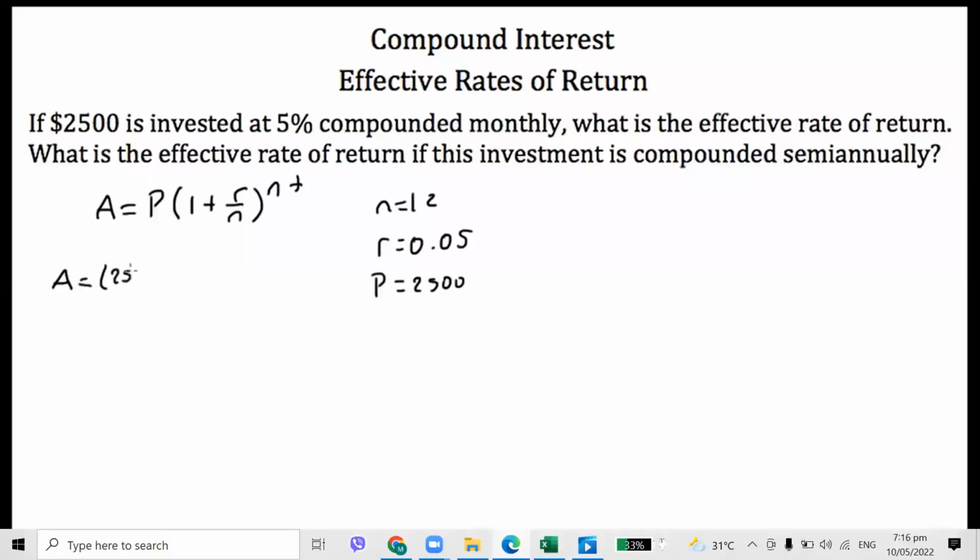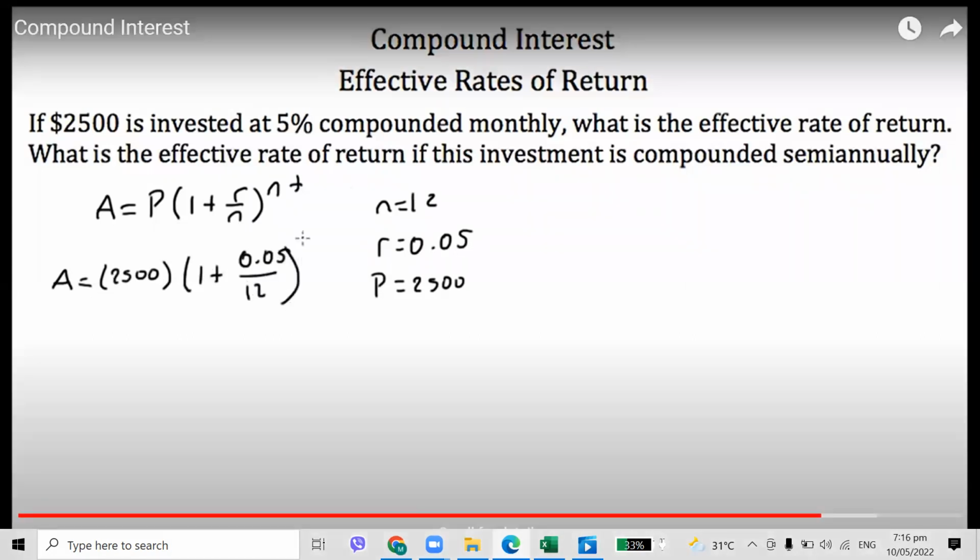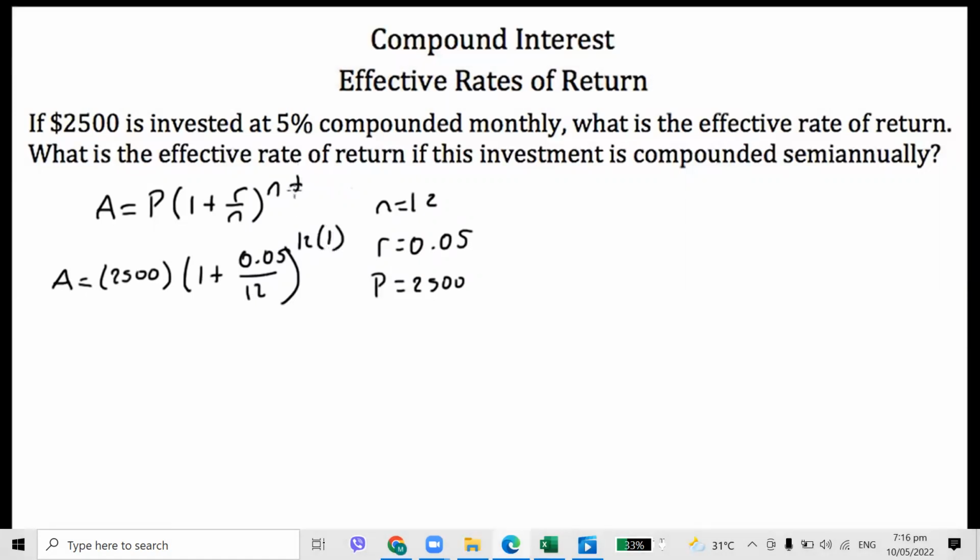That's equal to $2,500 times 1 plus 0.05 over 12 to the 12 times 1, because we're doing this for 1 year, power. So A is equal to 2,500 times 0.05 over 12, and then plus 1. This is equal to 1.00417.